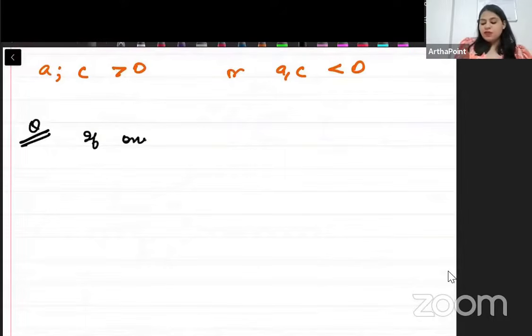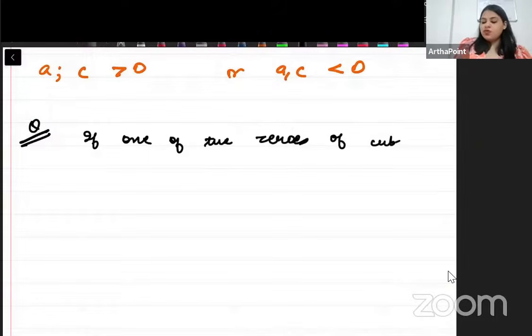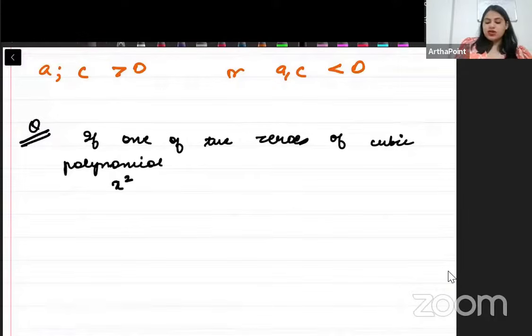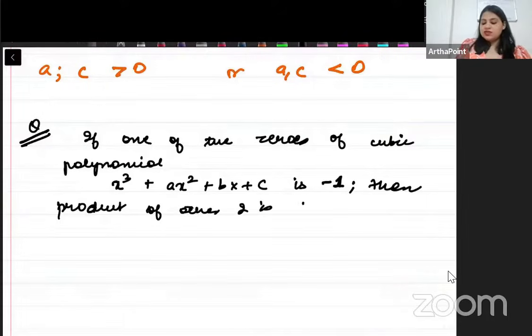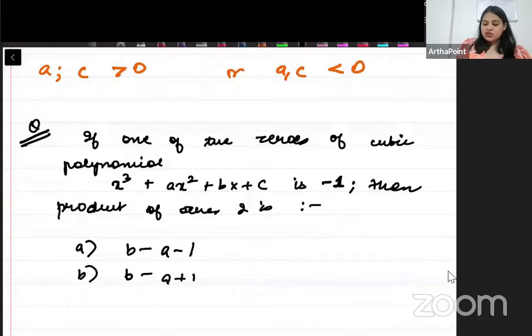It says, if one of the zeros of the cubic polynomial x cube plus ax square plus bx plus c is minus 1, then the product of the other two is: A, b minus a minus 1; B, b minus a plus 1; C, a minus b plus 1; D, a minus b minus 1.